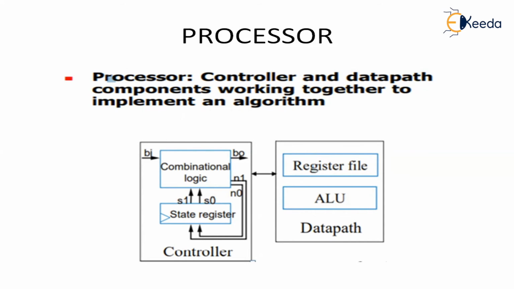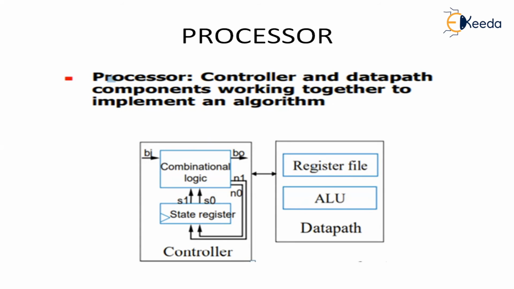Now, what actually is a processor? A processor is nothing but it is going to work by combining the controller and the data path components. So the controller and the data path components are working together to implement an algorithm or an application or whatever it may be. That entire thing is called a processor. See, now I can say, for example, one case study is there, and that particular case study I'm going to call a processor because it is going to process information, right?